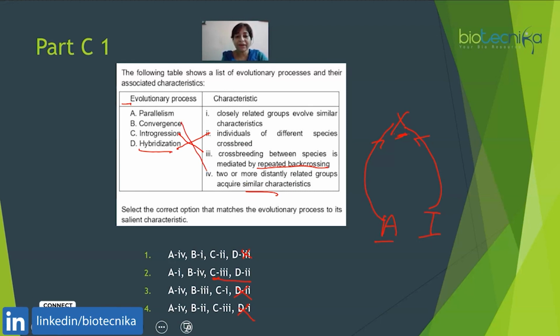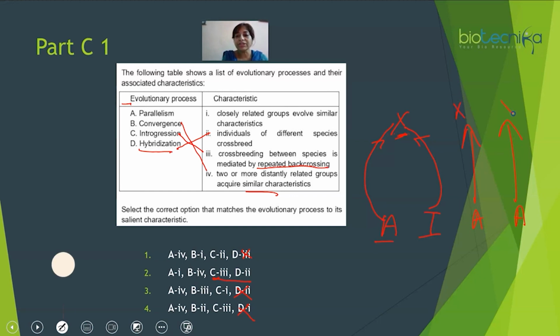Now what is parallelism? Parallelism is when closely related groups evolve similar characteristics. It's not exactly that they are closely related, but basically it means parallel lines. If there are two ancestors and two descendants, the descendants will get similar characteristics, and those characteristics will be developed from the ancestral characteristic that was present in both the ancestors.